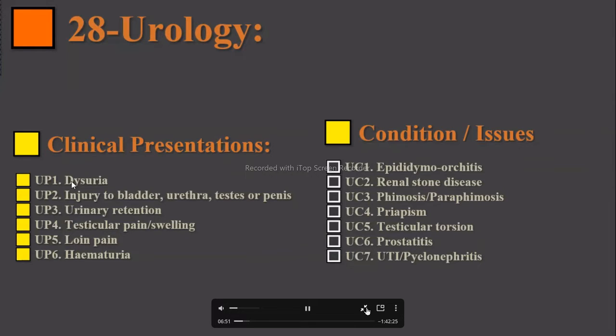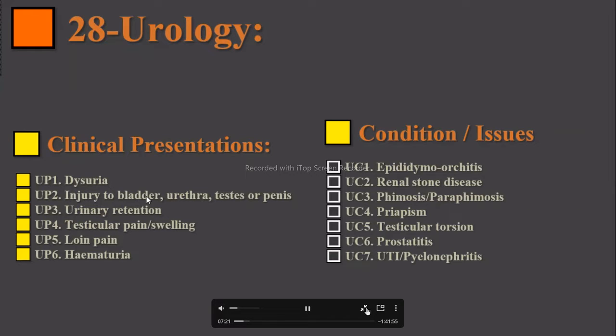So regarding dysuria, what does dysuria mean, guys? Painful urination. So if the patient has dysuria, check if male or female, young or adult, and whether he has symptoms of UTI or symptoms of a stone.